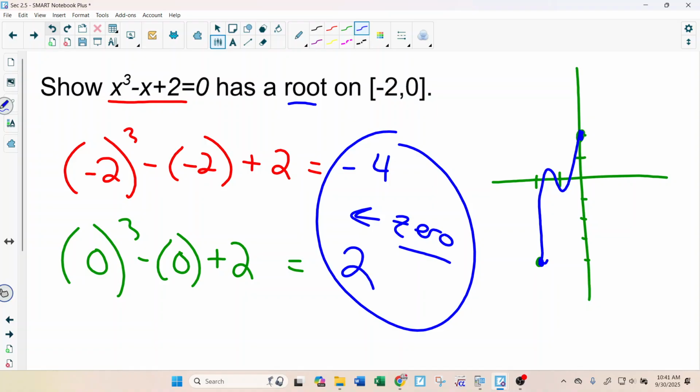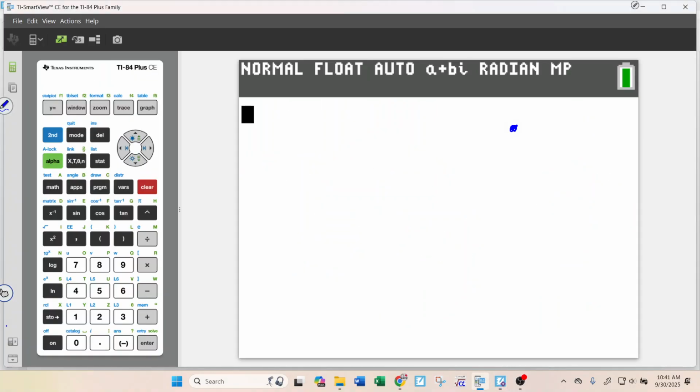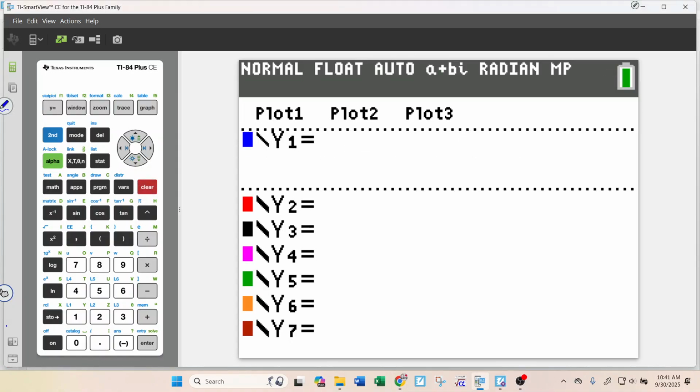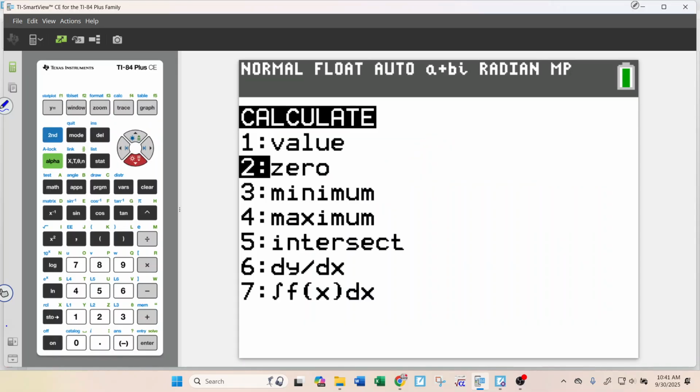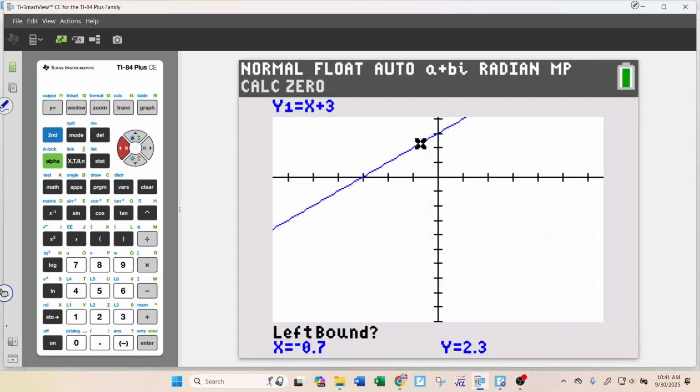This is how your calculator finds zeros. If you ever do something on your calculator, and let me put in something simple like this, and you want to find a 0, and you do it wrong, and you, let's say, go between those two, obviously there's no 0 there, right?